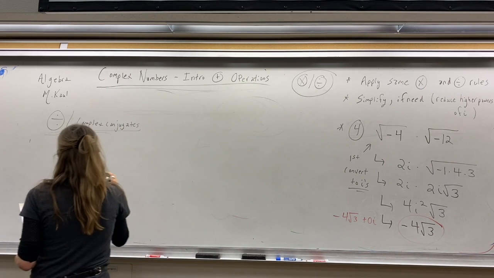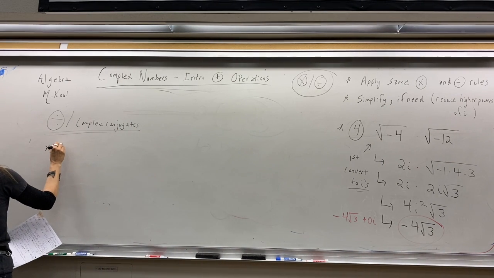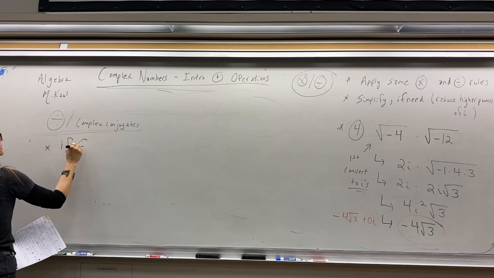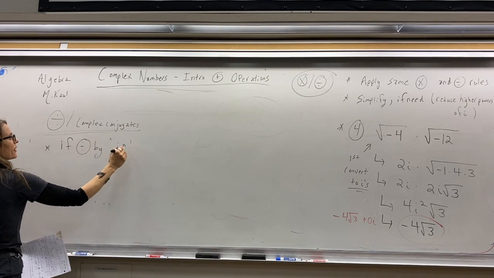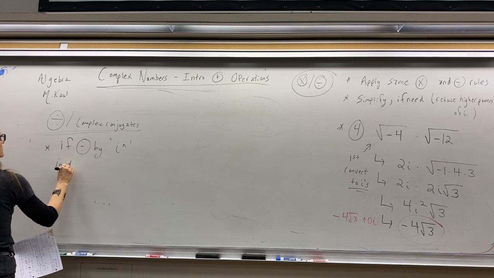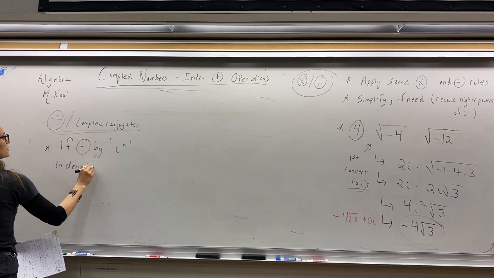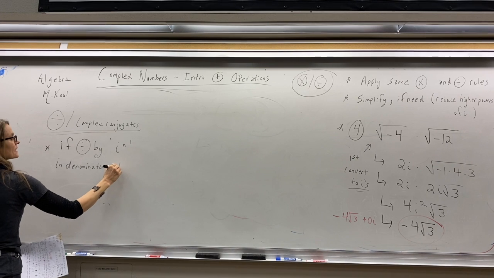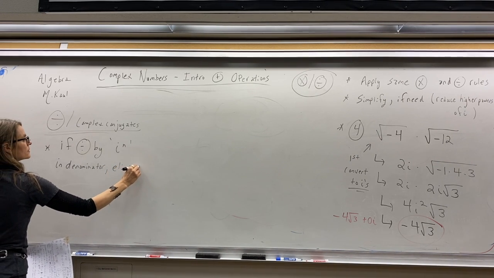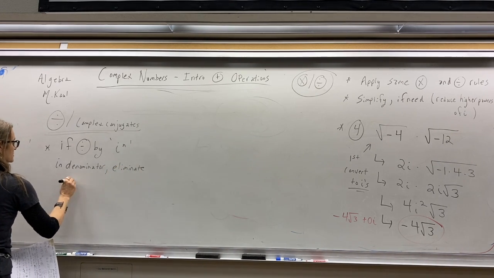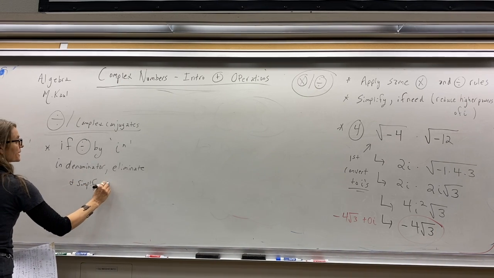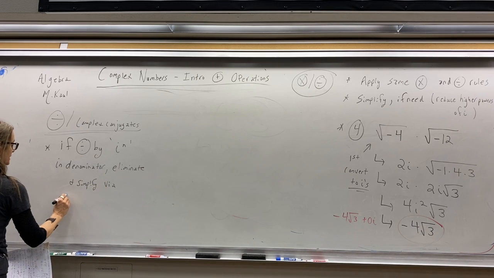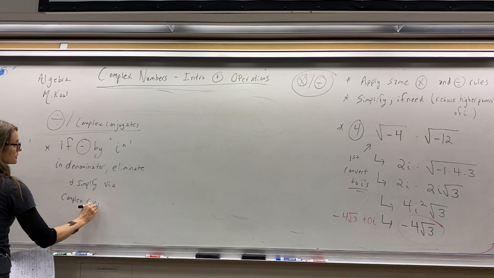Okay, so the idea is if you're dividing by i to any n power in the denominator, you want to eliminate and simplify via your complex conjugate, which we introduced earlier.